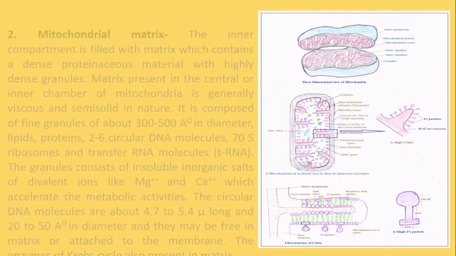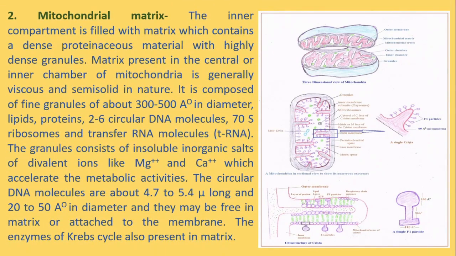Now the second part of the mitochondria we have to see is the mitochondrial matrix. This is also a very important part of mitochondria. The inner compartment is filled with matrix. Now we will see all the part which is enclosed by this inner membrane.